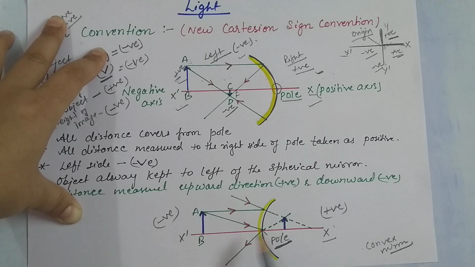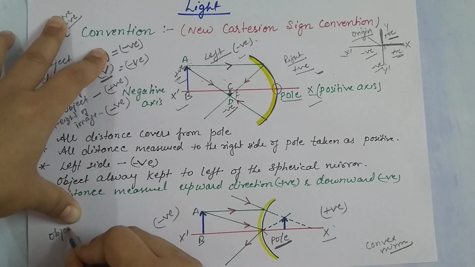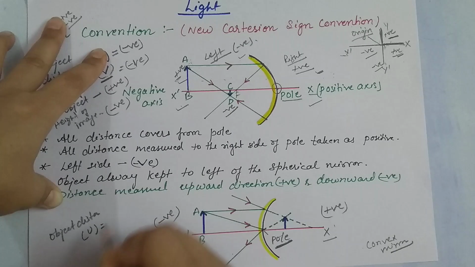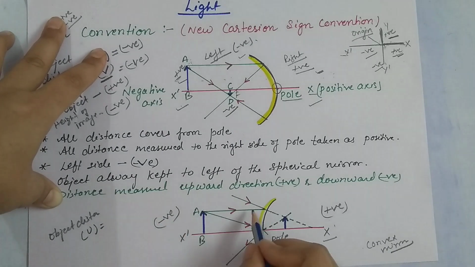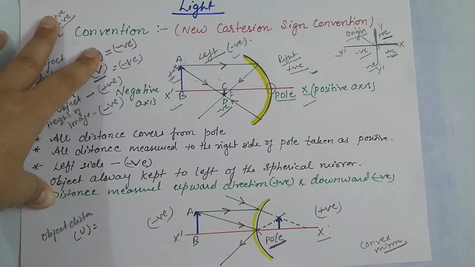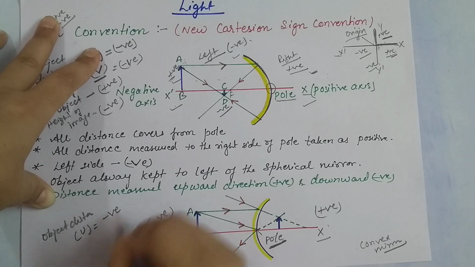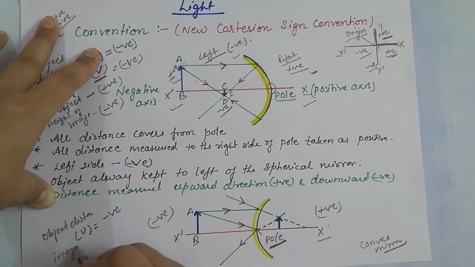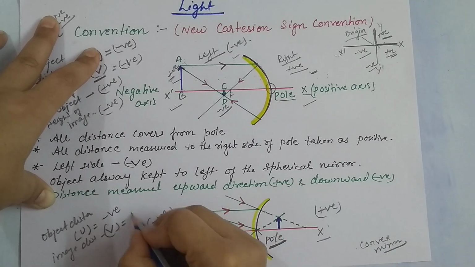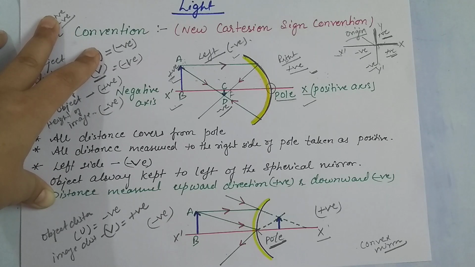The object is in the negative quadrant, so the object distance u is considered negative. The image distance v is considered positive, because all distances are taken from the pole as origin.